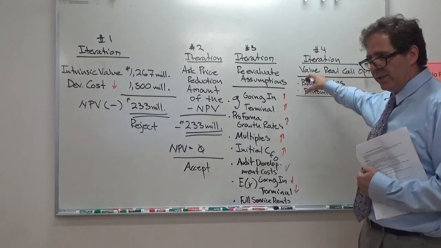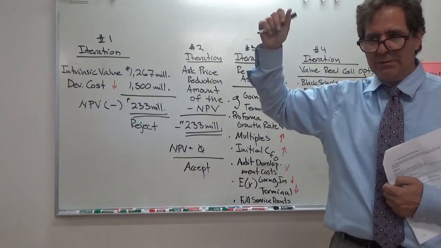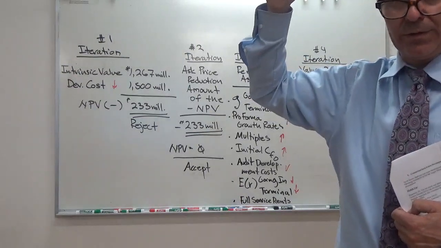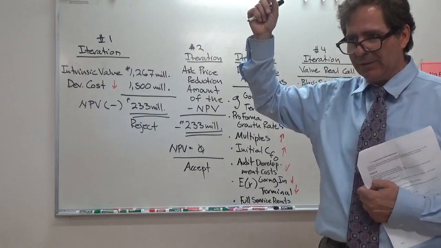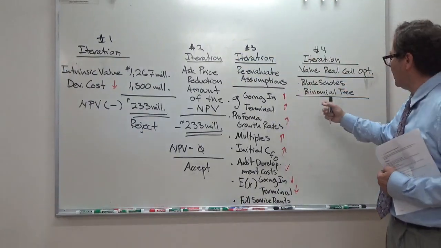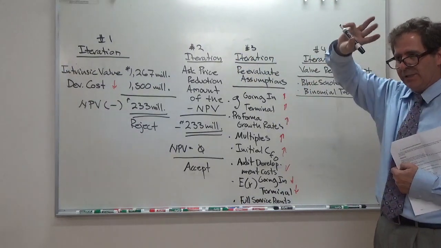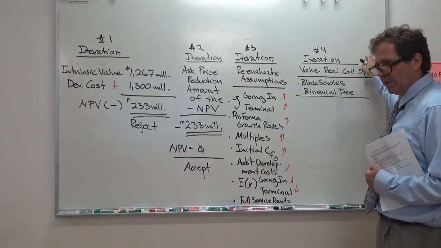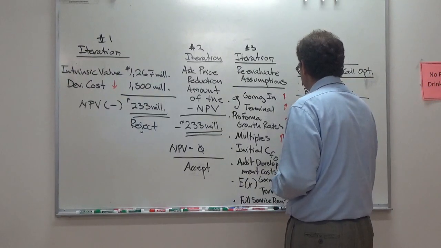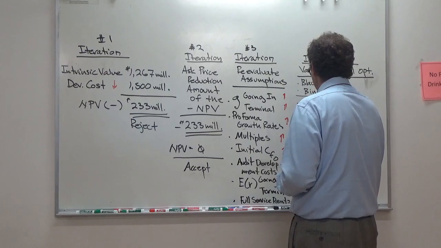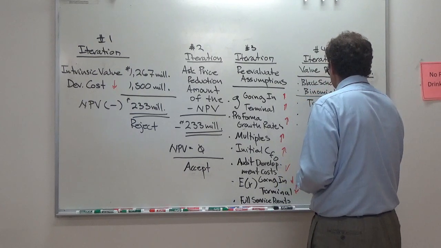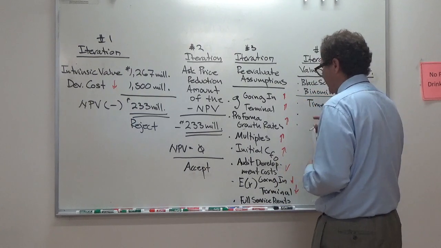Okay, these are the methods that you're going to be learning when you maybe take an investment course or you decide to get a master's degree with a concentration in finance. What are the three factors that drive the value of the real call options? Time. Yeah, time value. What's the other one?